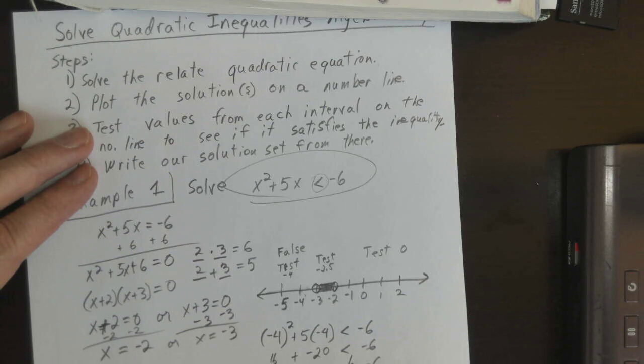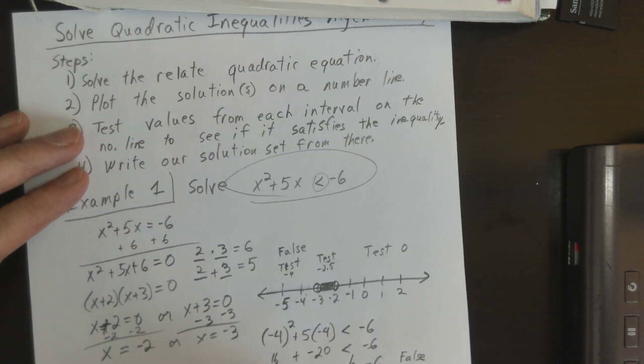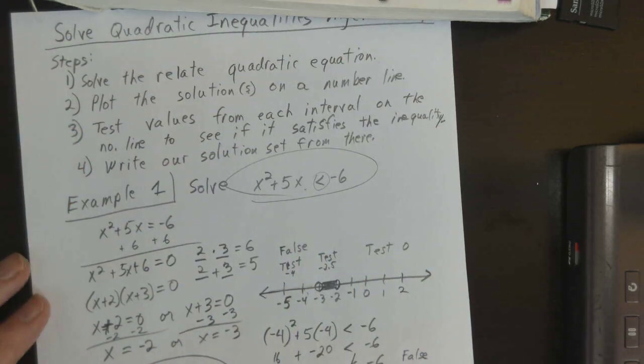Is that less than -6? It is not. That one's false. So it's only true between these two values. So here's how I'm going to write the solution: x is less than -2 and greater than -3. That is the solution.